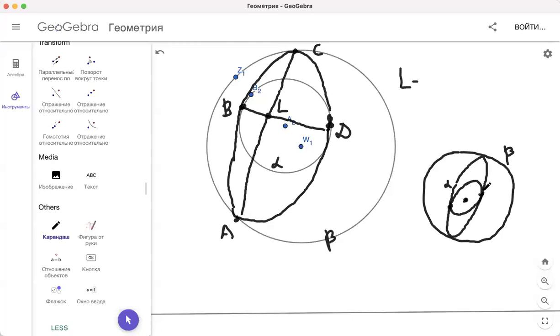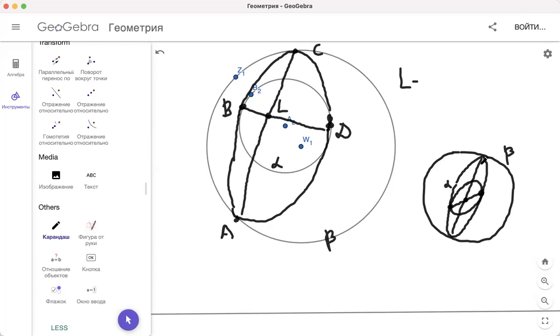It means that the tangency points are symmetric, and the line connecting them passes through the common center of these conics, alpha and beta.